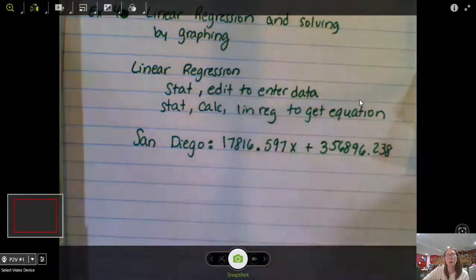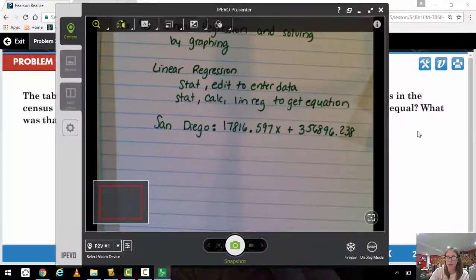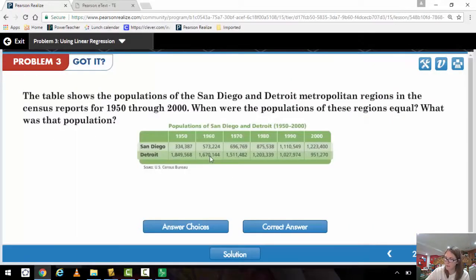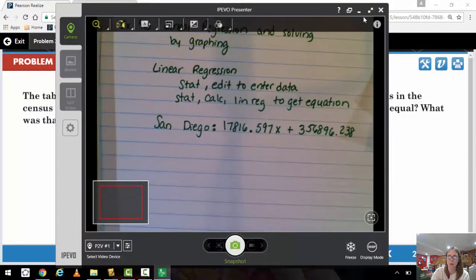Now we can do the same process with our other city, Detroit. So we'll go back to stat edit to enter in our calculator's data.